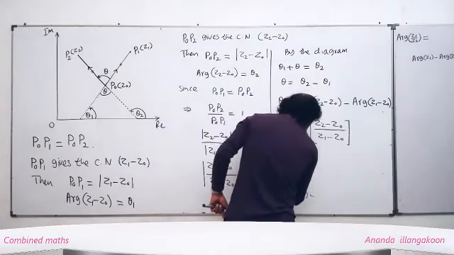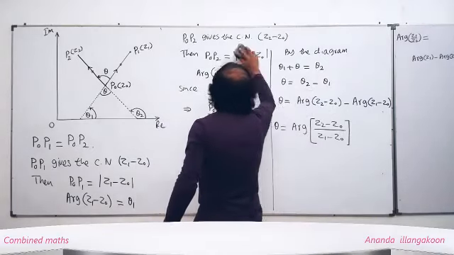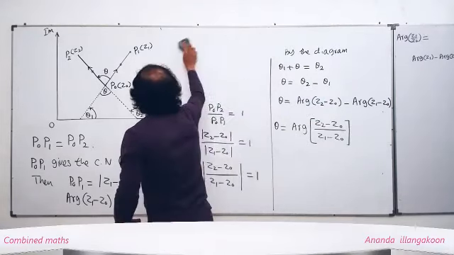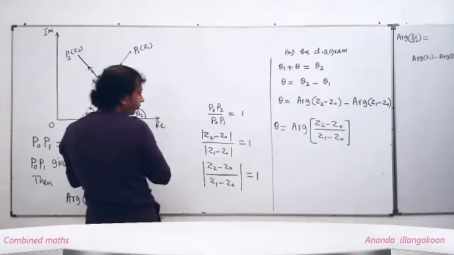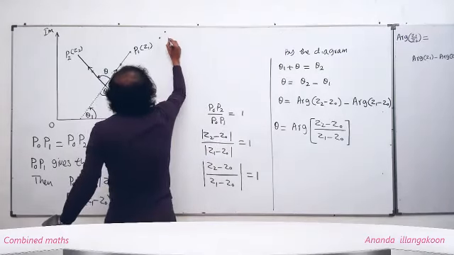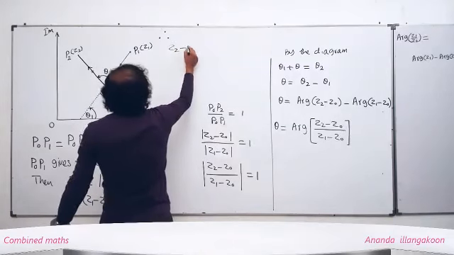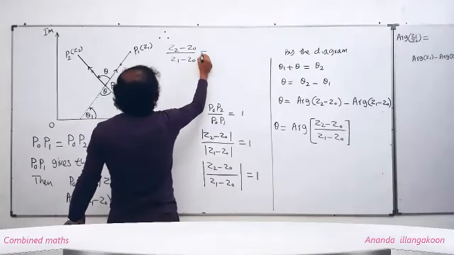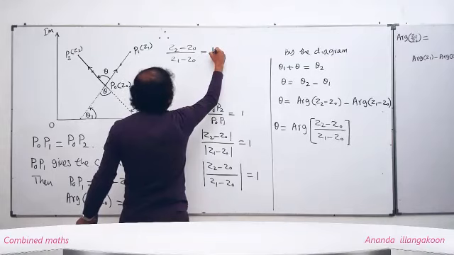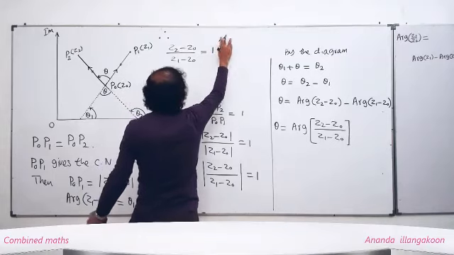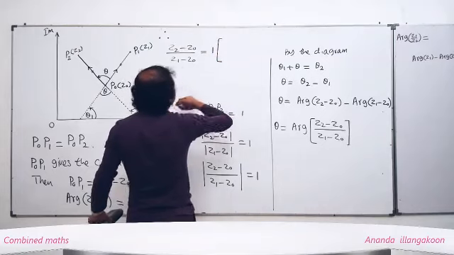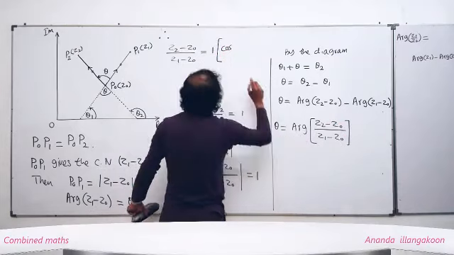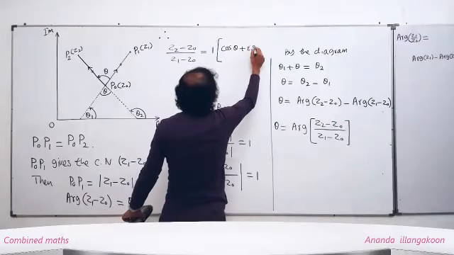Then we can write, therefore, (Z2 minus Z0) divided by (Z1 minus Z0) complex number equals 1, its modulus, times cos its argument theta, cos theta plus i sin theta.